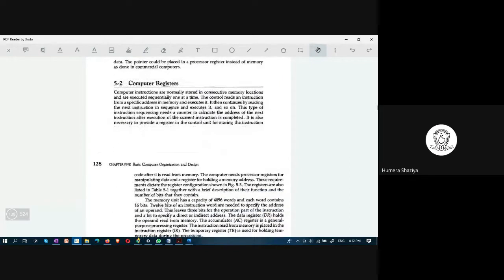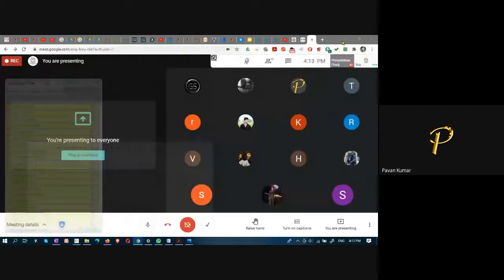Very good. Coming to computer registers. What is a register? Can anyone tell me? Memory in the processor, ma'am. Very good.